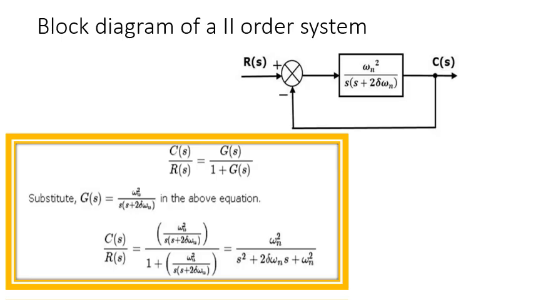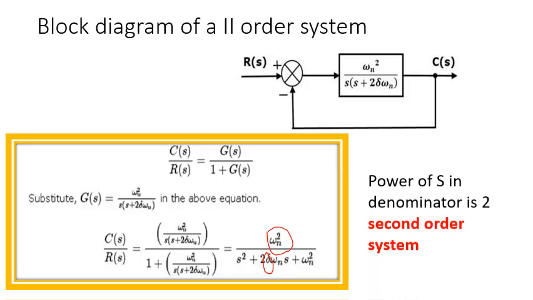Here omega n is called the undamped natural frequency. It is a frequency value. Zeta is called the damping ratio. These two are new terms that you are learning here.